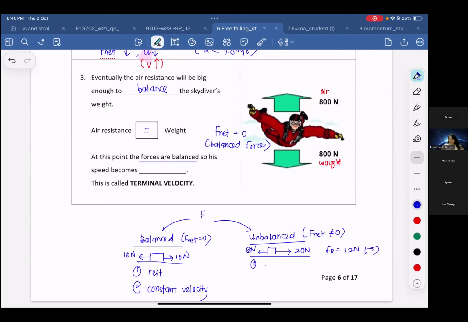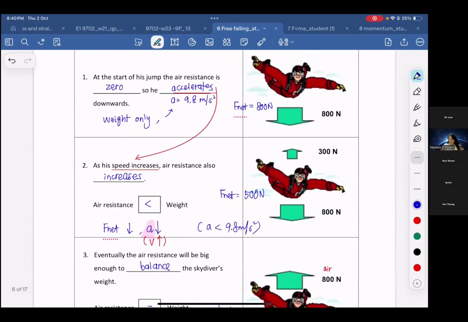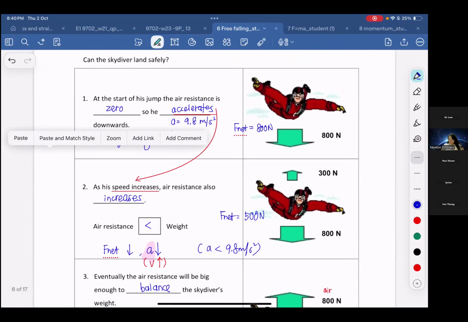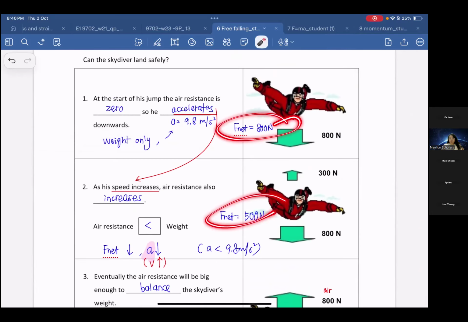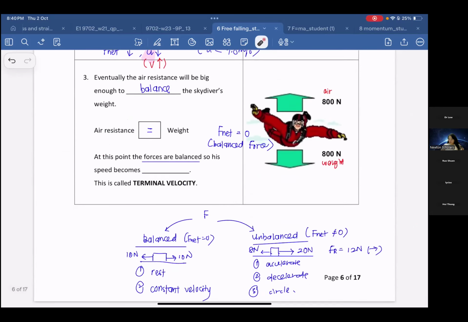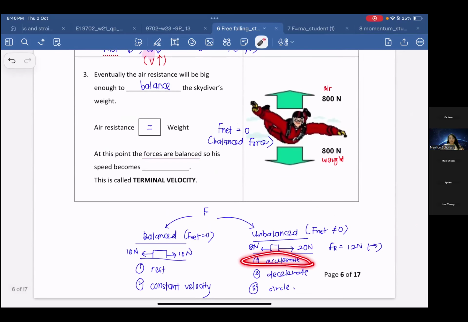One is maybe the object accelerates, maybe the object decelerates, third, maybe the object moves in a circle. This one we already learned. So can you see that just now, at the start, our resultant force is not zero. That's why it is acceleration.